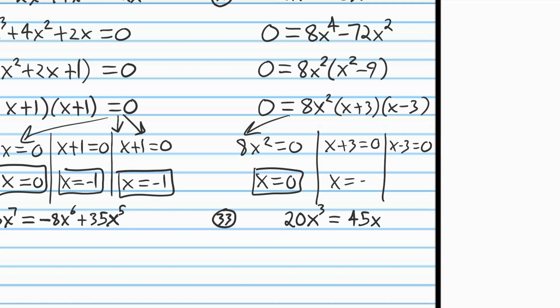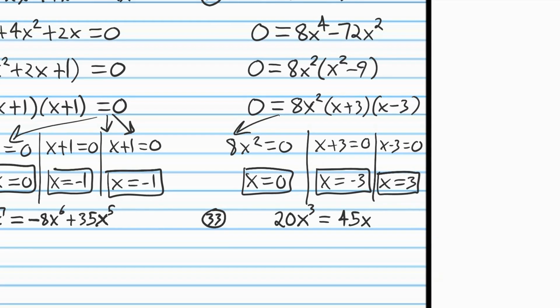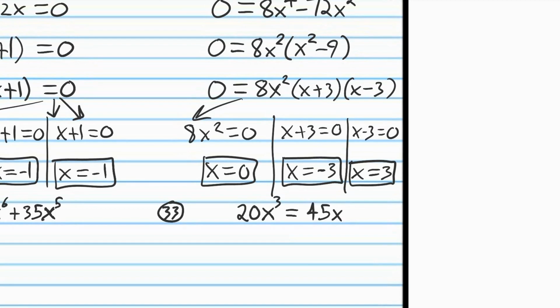X is equal to negative 3. X is equal to 3. So negative 3, positive 3, and x equals 0.